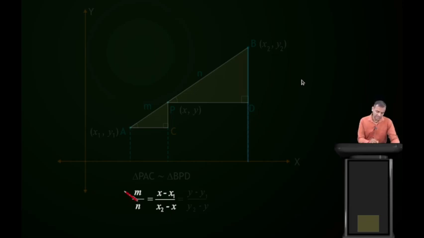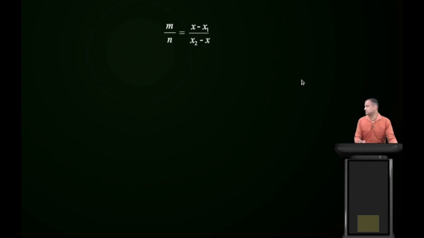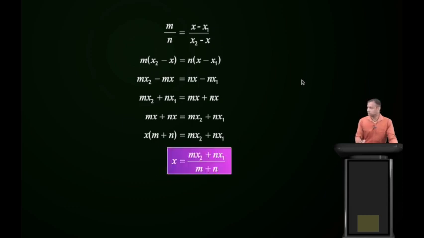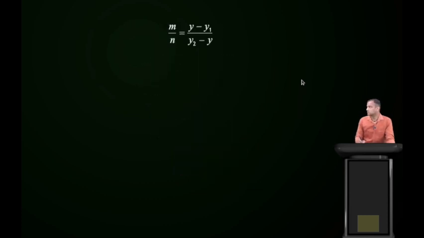First take the ratio M upon N equals x minus x1 upon x2 minus x, and after solving this you will get x(M plus N) equals Mx2 plus Nx1, so the value of x is (Mx2 plus Nx1) upon (M plus N). So this is the value of x. Now again take the other ratio, M upon N equals y minus y1 upon y2 minus y.